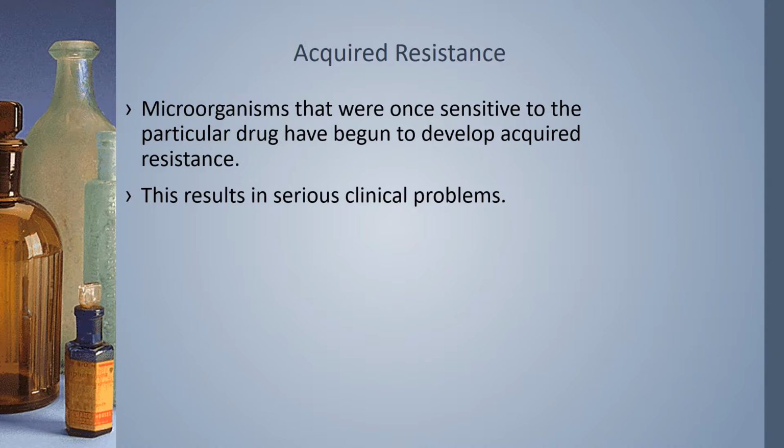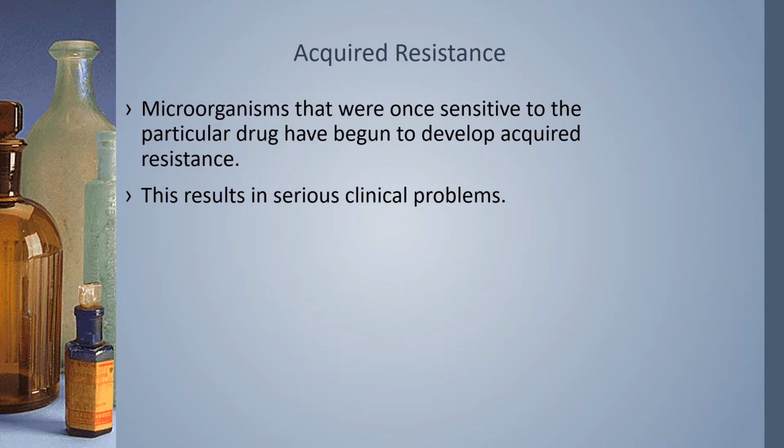Staph aureus is almost entirely penicillin resistant. So you have MRSA, which is methicillin resistant Staphylococcus aureus. That pathogen is widely resistant to almost all of the different types of penicillins. There's an alteration of the penicillin binding proteins, which reduces the ability of the penicillins to inhibit the wall synthesis.